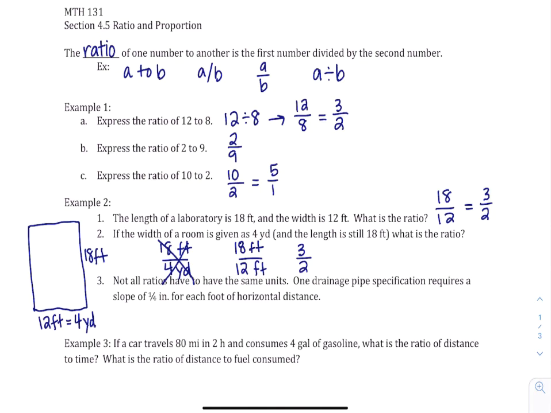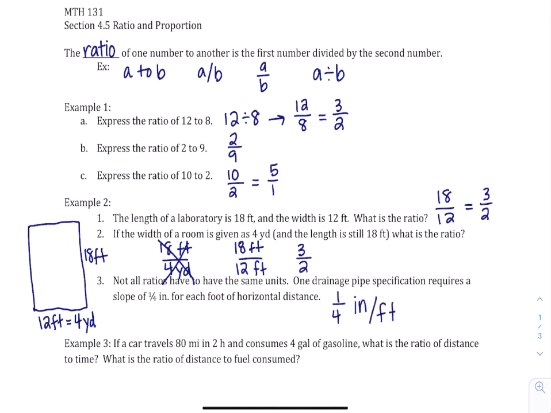So for example, if we had a drainage pipe specification where the slope was 1/4 inch for each foot of horizontal distance, you would not want to convert this. 1/4 inch is really small compared to a foot. So you would keep this ratio, but the way that you would write this is by looking at your units, inch per foot.